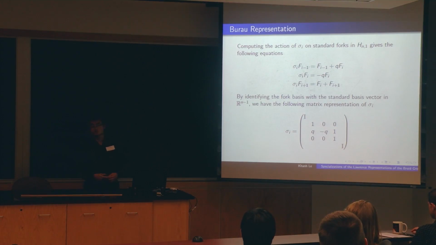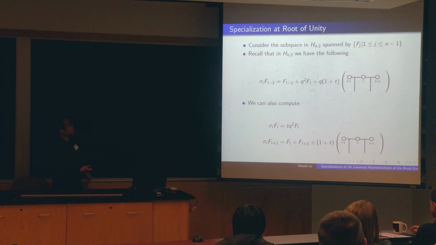And one of the results concerning the Lawrence representation is that the first member of the Lawrence representation is the famous Burau representation. And we can show it by simply computing the action of sigma i on the standard forks f sub j. And by identifying the fork basis with the standard basis vectors, we have the following matrix representation for sigma sub i, with I being the identity matrix.